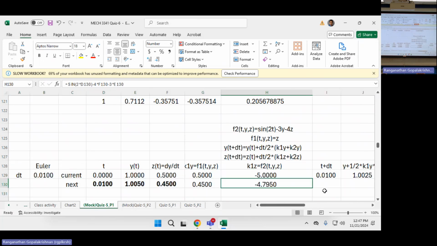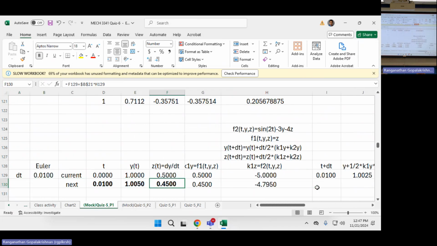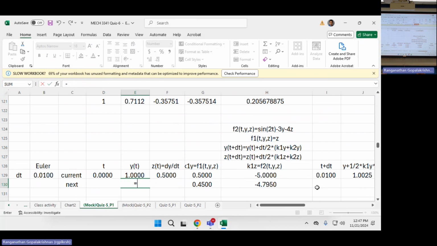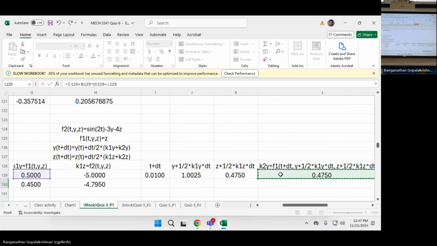Almost done. Bear with me for just 1 minute. Then you come here. What is y of t? What is your golden formula? It is writing the current value plus dt multiplied by k1y, which is here, plus k2y, the whole thing divided by 2.